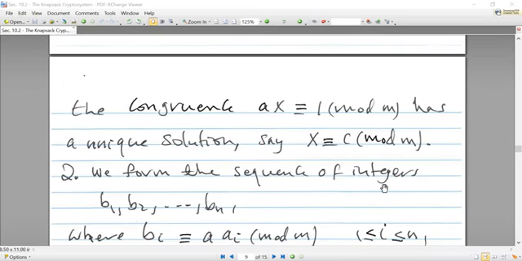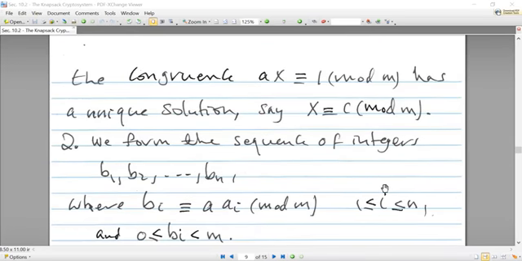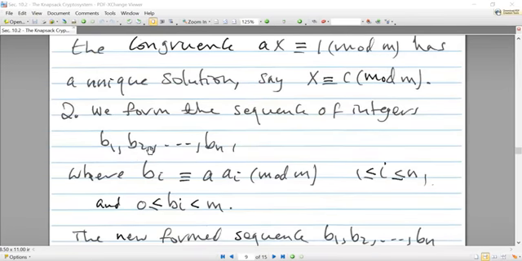The second step is to use the A1 up to AN sequence, which is super increasing, to come up with another sequence that is not super increasing. We denote its elements by B1 up to Bn, where each term in the sequence is given by Bi equal to the multiple A times Ai mod M, for every i between 1 and n.